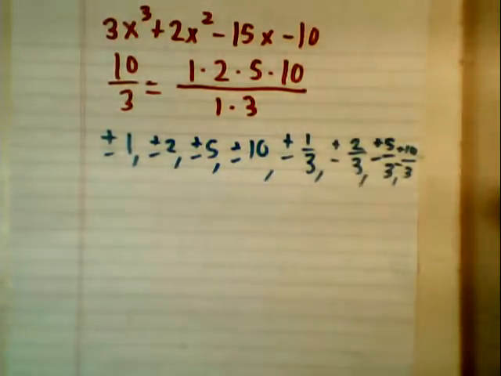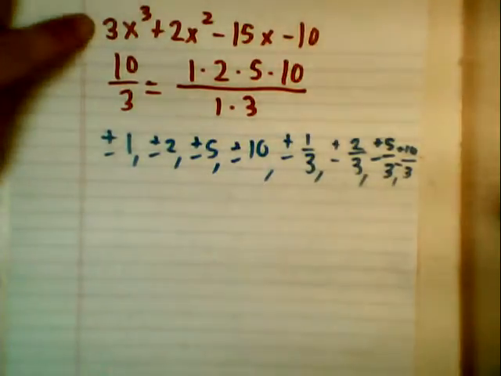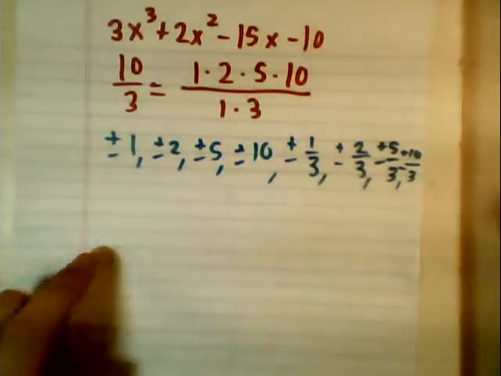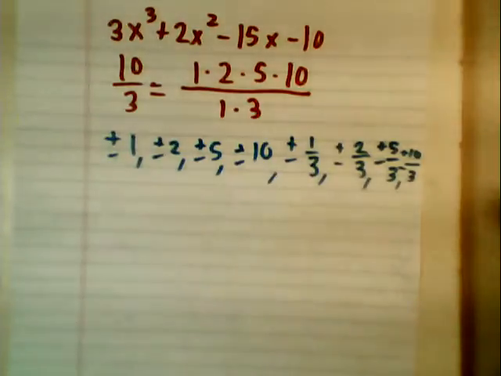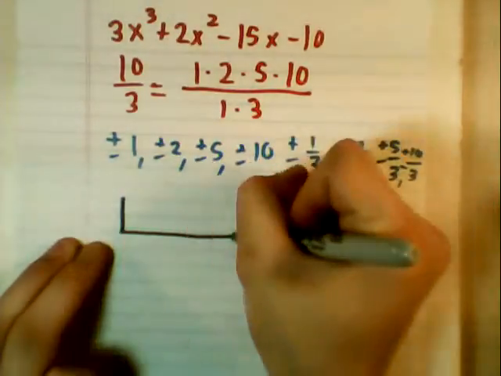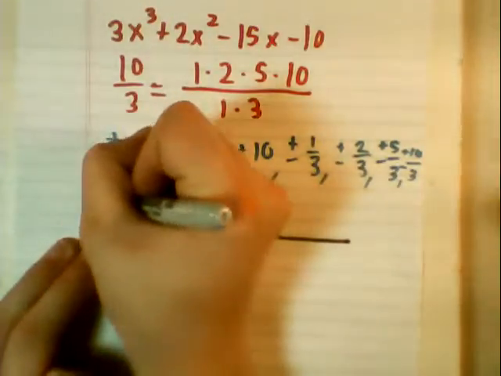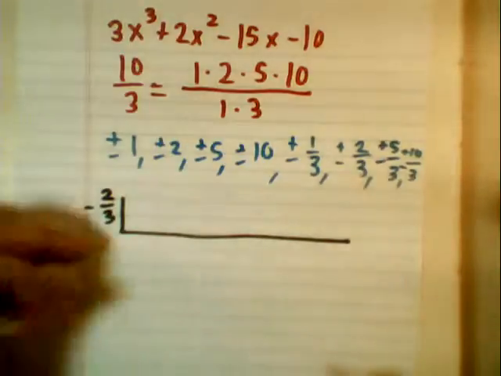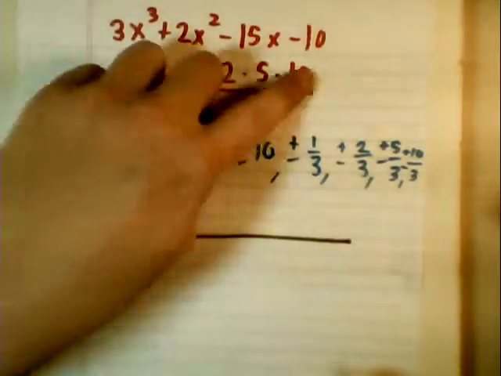So now, let's go ahead and do synthetic division with one of these. Let's try negative 2/3. Okay, so we get all the coefficients of the terms.